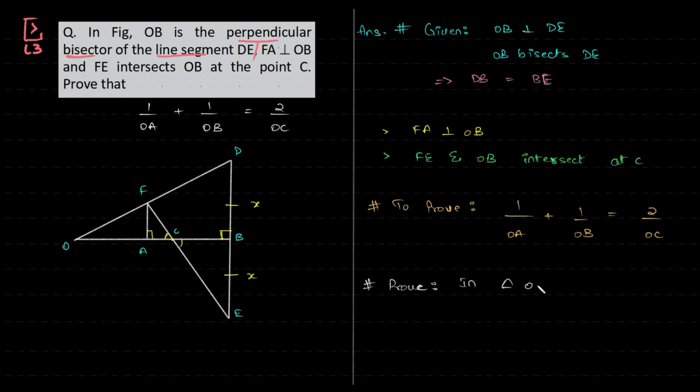In triangle OAF and triangle OBD. Okay, why is that? I'm considering these two triangles because they are similar. How am I able to prove this? Angle OAF is equal to angle OBD. Why? Because both are equal to 90 degrees.